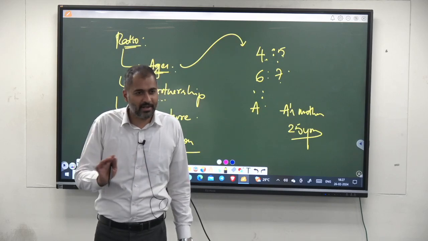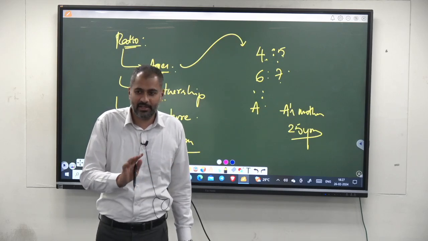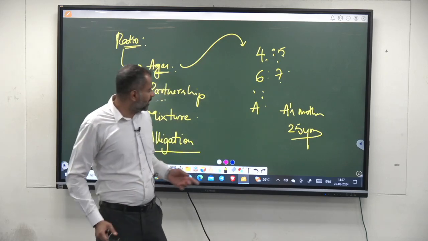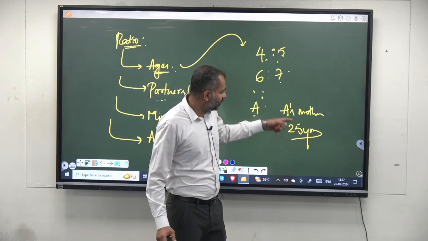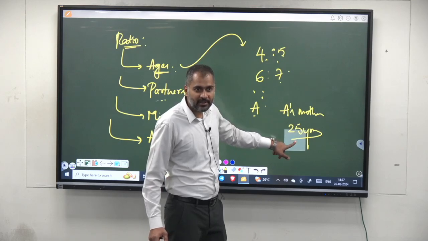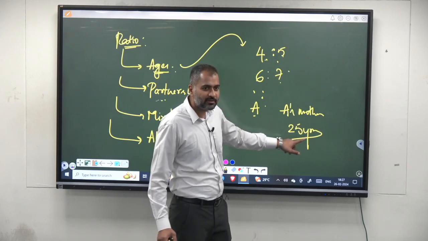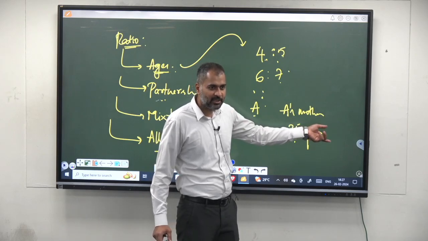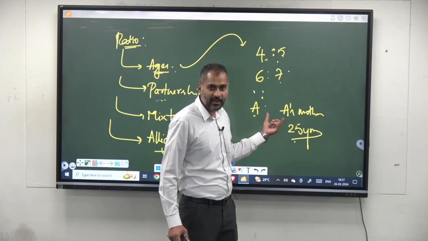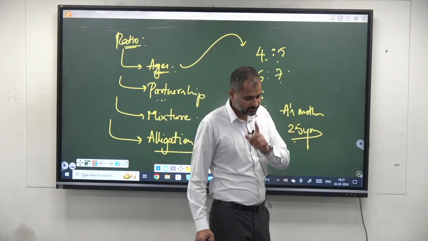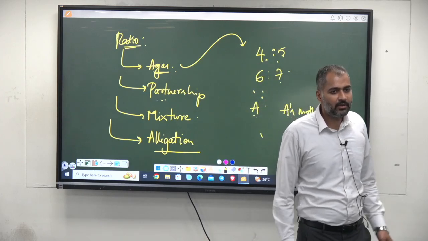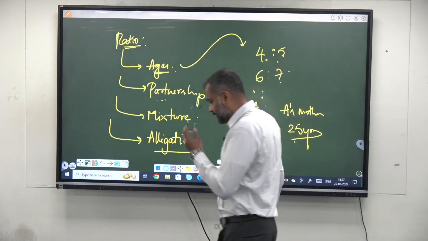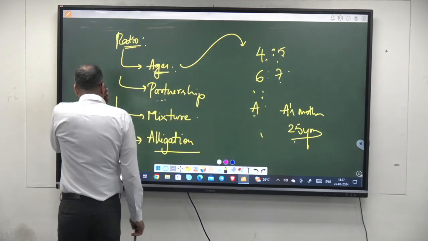No need of any calculation to prove this one. If you understand, you will get the answer. When he was born, the mother already had 25 years, so there is already a difference of 25. And for any number of years that they are alive, the age gap will be the same only, isn't it? Understood? So questions will be somewhere like this.